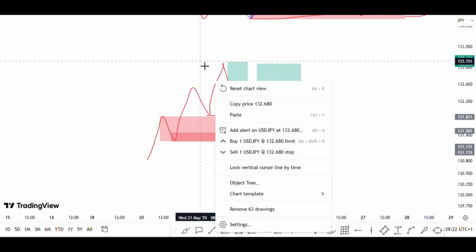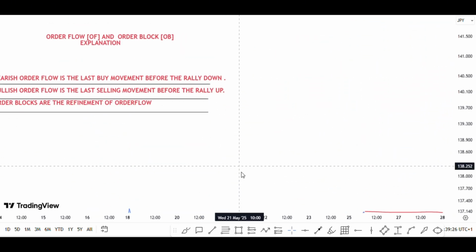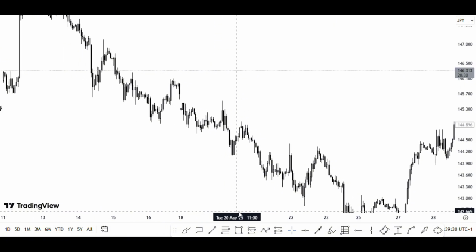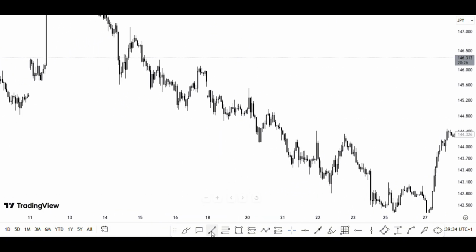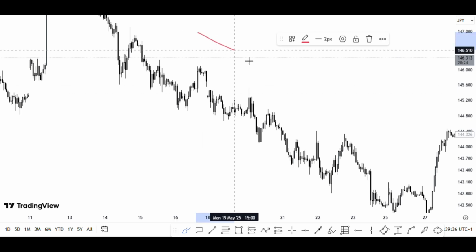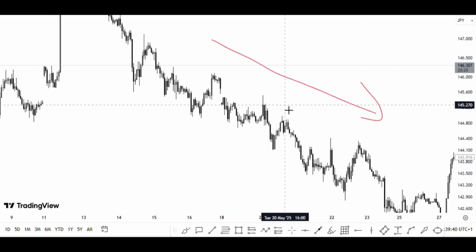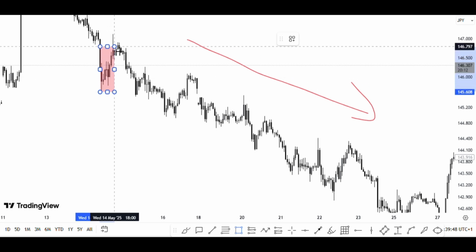So let me dive in and show you something that you can relate to on the chart. You can see that we will use this level as an example. So bearish, we are looking for, this is a bearish momentum. I will only mark the order flow here because this video is already getting too long. When the market is coming, you can see that this is the last buying momentum.